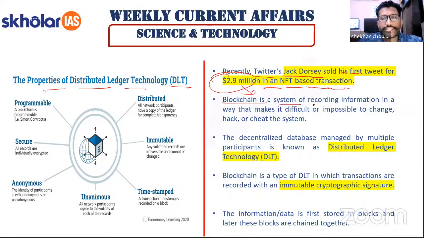So blockchain is a system of recording information in a way that makes it difficult or impossible to change it, hack it, or cheat the system. A decentralized database managed by multiple participants, see this word, multiple participants, is known as distributed ledger technology.